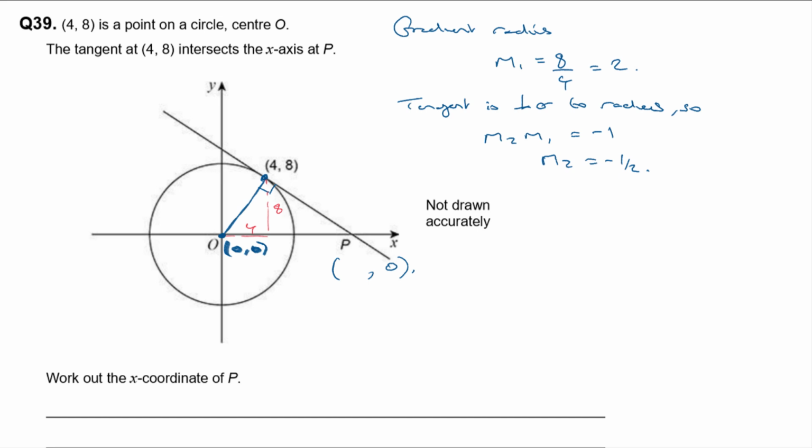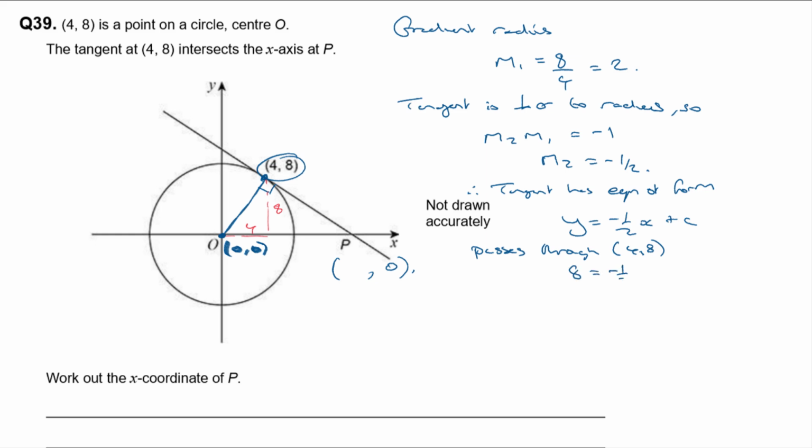Okay, so we know the gradient of our line going down to P now has a gradient of minus 1/2, and we know a point that it passes through, (4, 8). So therefore the tangent has an equation of the form y is equal to minus 1/2 x plus c, and we know it passes through the point (4, 8). So subbing those two values in for x and y, we've got 8 is equal to minus a half lots of 4 plus c.